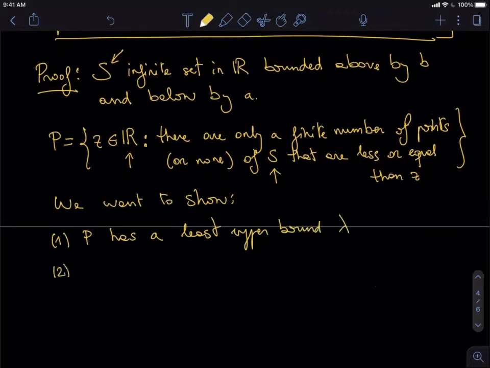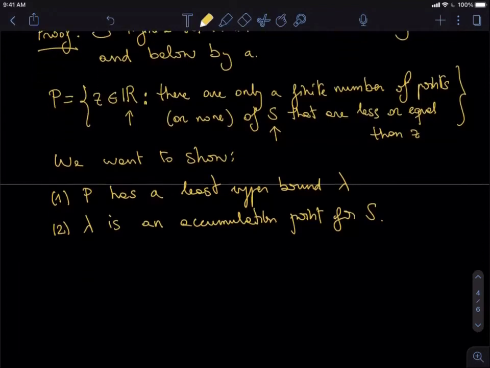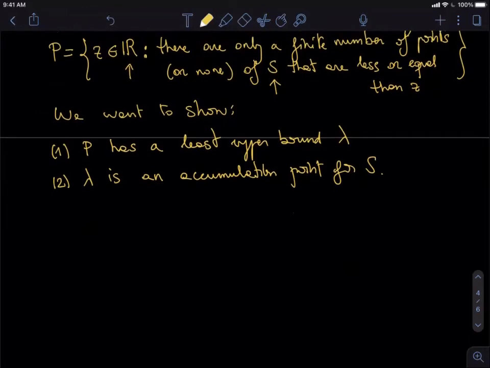And the second thing we want to show is that this lambda is an accumulation point for S. So let's start with the first point. Let's keep our P in view. So let's show one, that P has a least upper bound lambda.